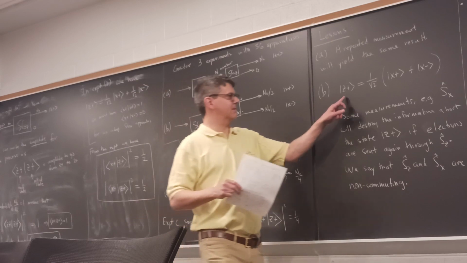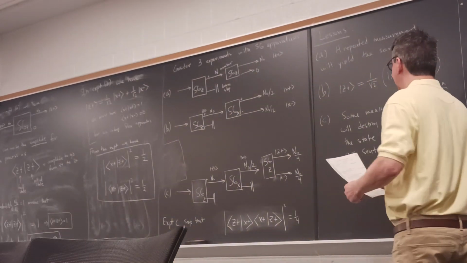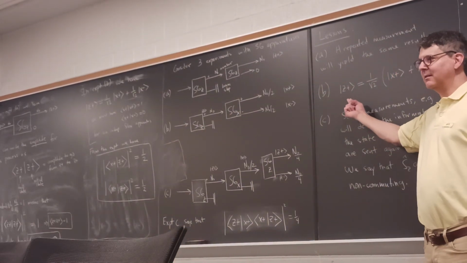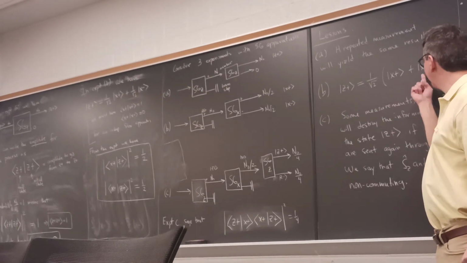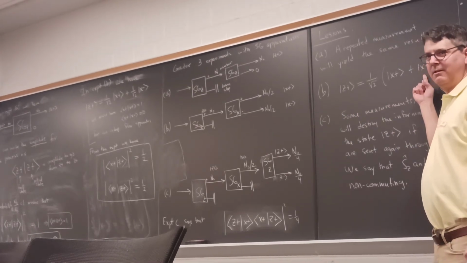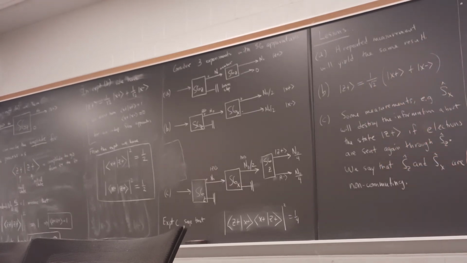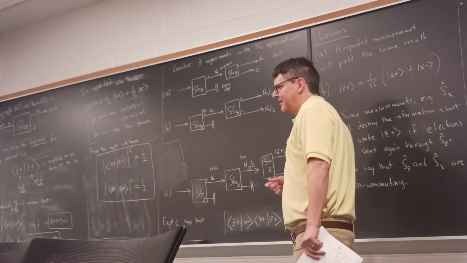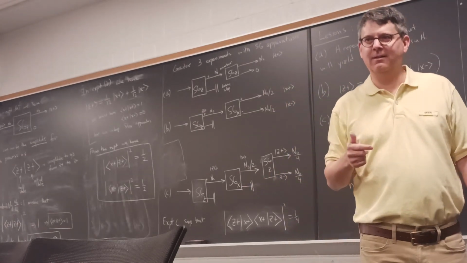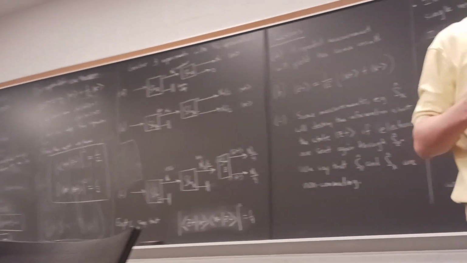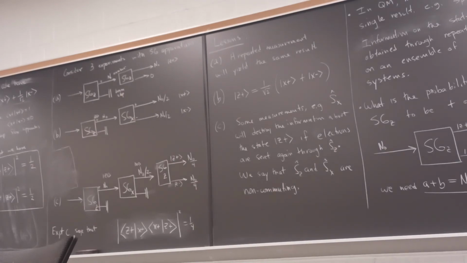But this says that Z, if I'm thinking of it as a unit vector in my spin space, is not orthogonal. We're not in real space, we're in spin space now. Does that make sense? That's confusing, I know. It'll start to make sense after a while. Okay. Other questions?